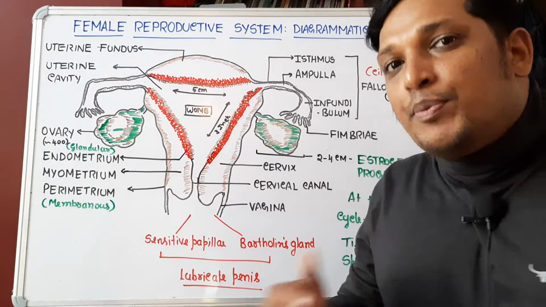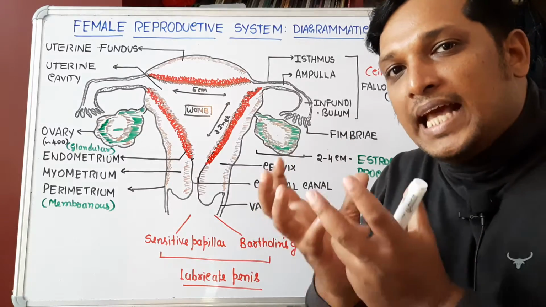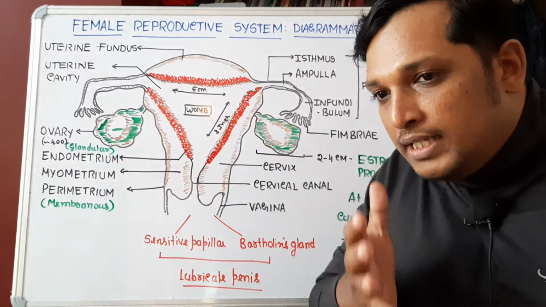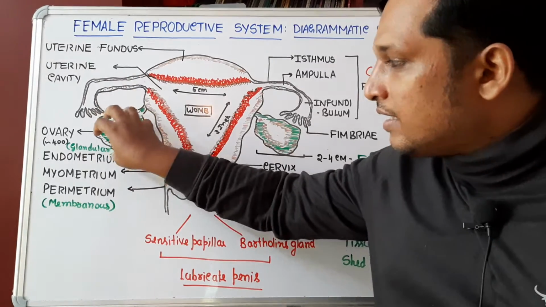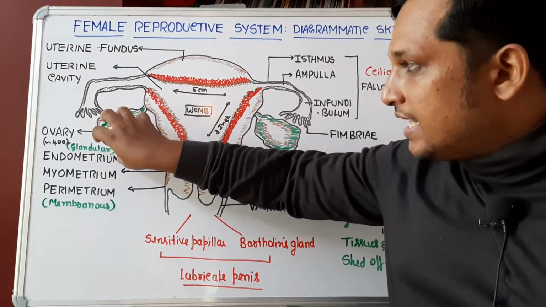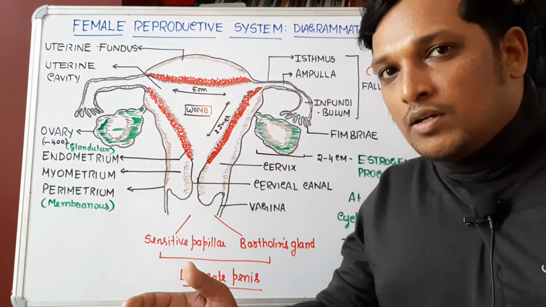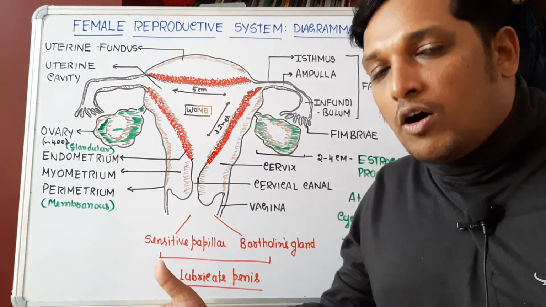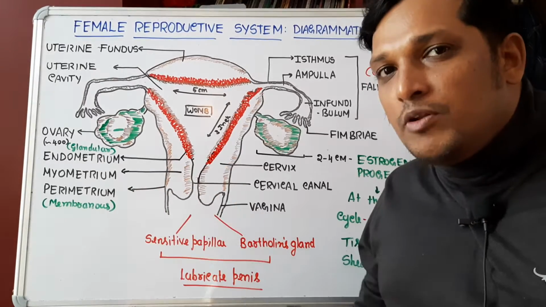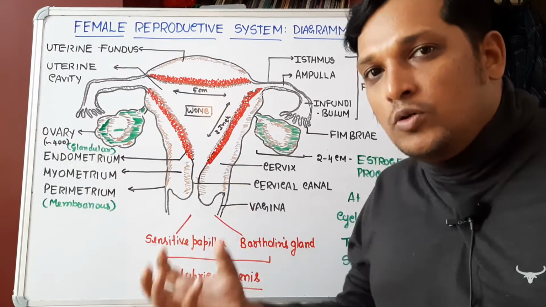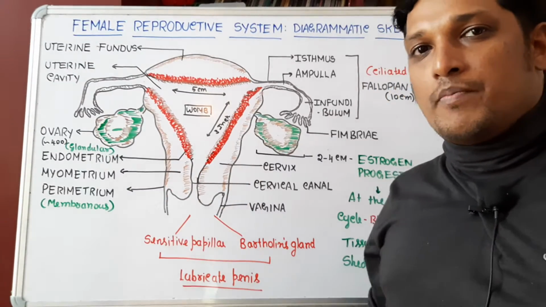But egg production will not be there; those cells remain in an arrested form inside the ovary until puberty. Once puberty is crossed, secretion of hormones stimulates the cells to grow further into an egg or ovum.